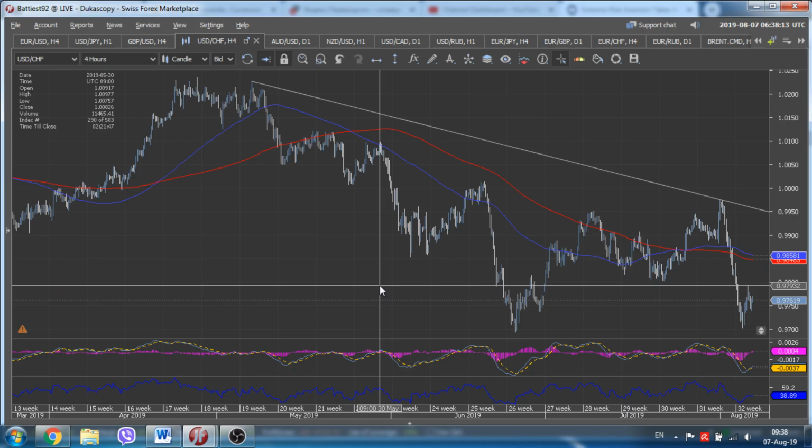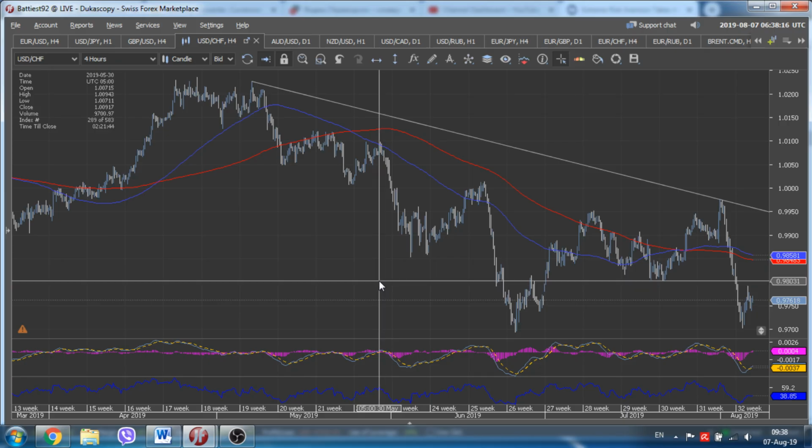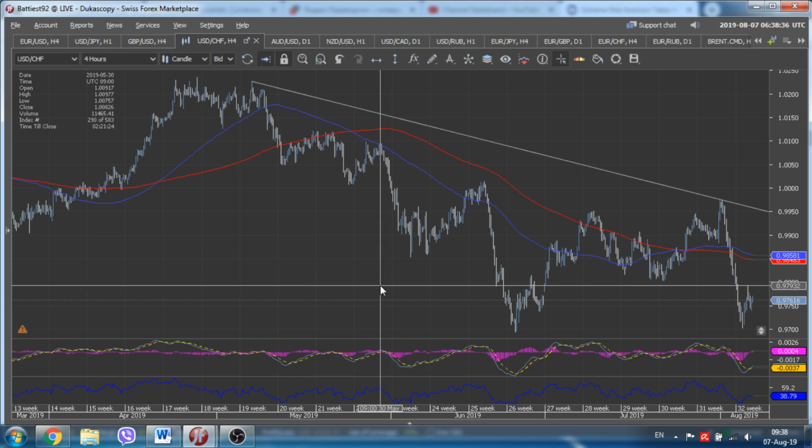You can put a really tight stop loss just above 0.9805, for example, if you enter fresh positions around the level of 0.9790, where lies the nearest resistance barrier for the currency.